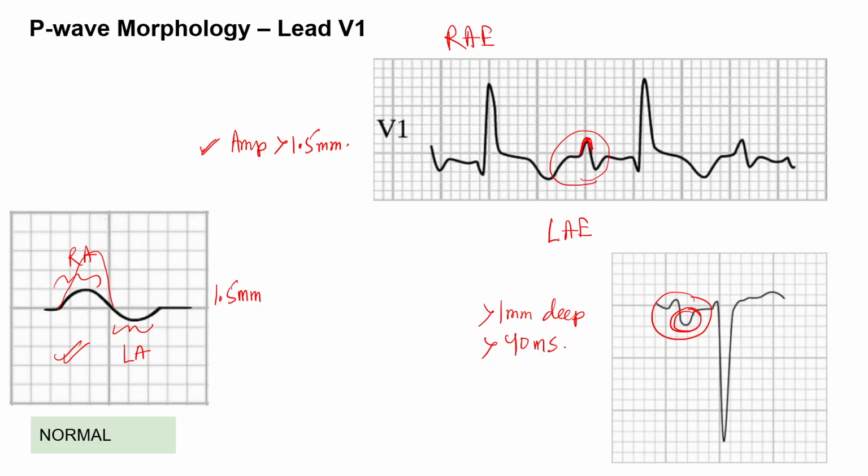For right atrial enlargement, the positive amplitude will be more than 1.5 mm. For left atrial enlargement, the second part will be more than 1 mm deep, and more than 40 milliseconds wide. So the prominent negative part is due to left atrial enlargement. Okay, so these are the changes that we'll find in lead 2 and lead V1 in case of right atrial and left atrial enlargement.